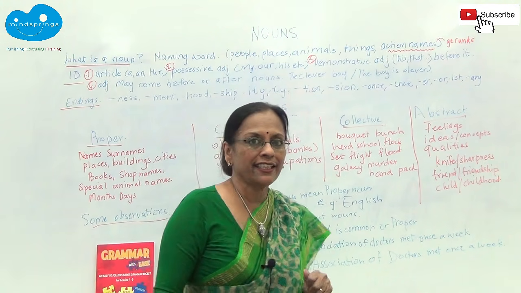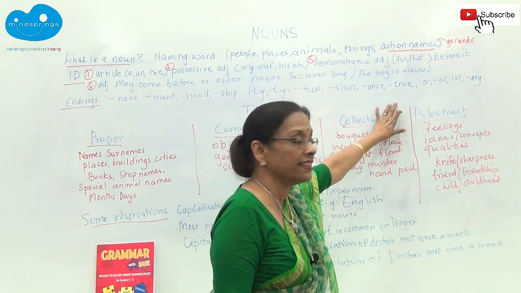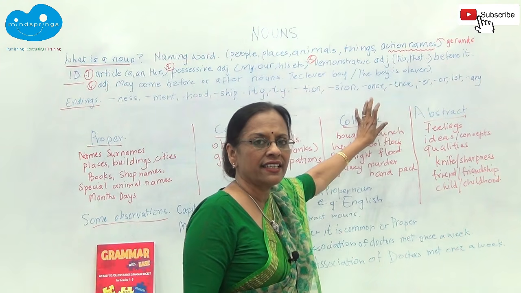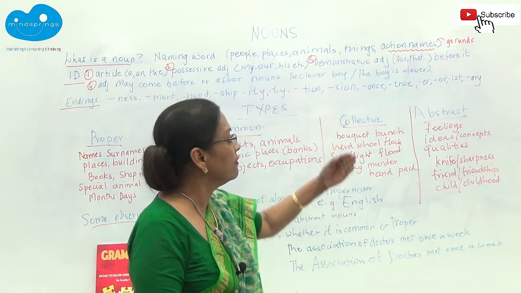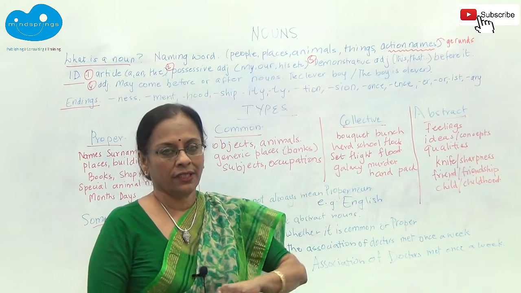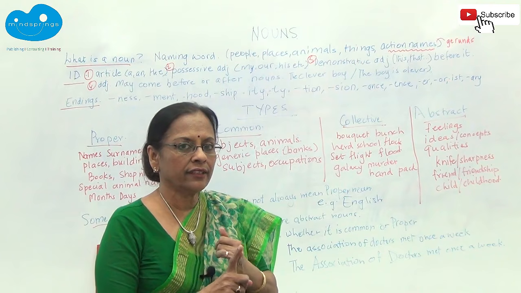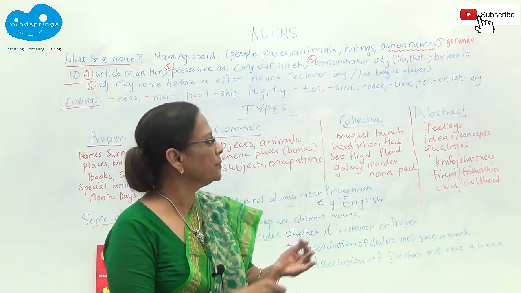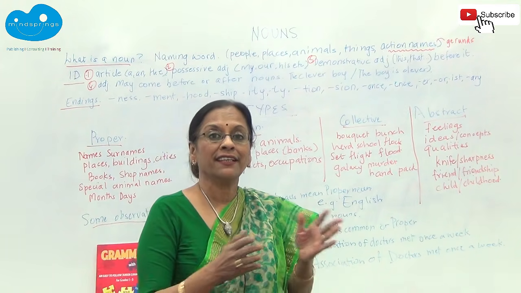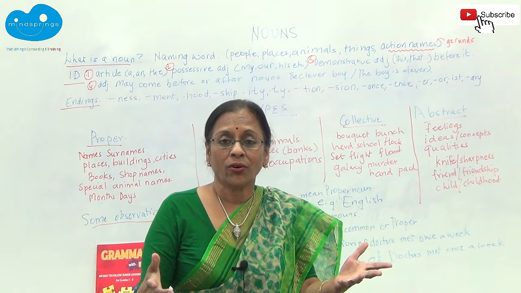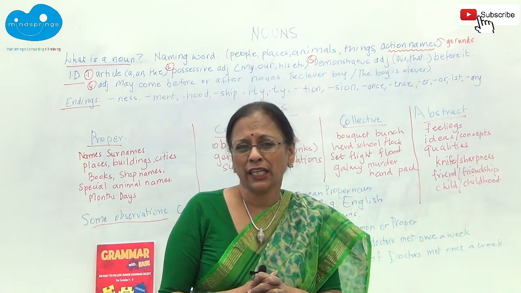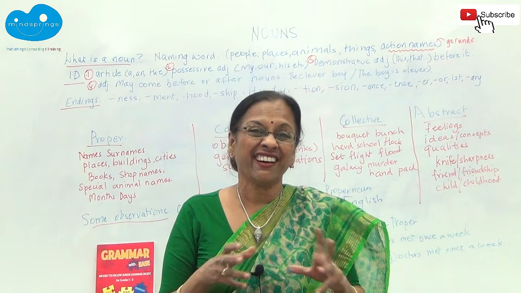You'll get ANCE and you'll get ENCE as in obedience, ANCE as in distance, and you will get IST or ARY. Lawyer or doctor, ist, pianist, ary, aviary or beneficiary, those kind of words, the ary endings.